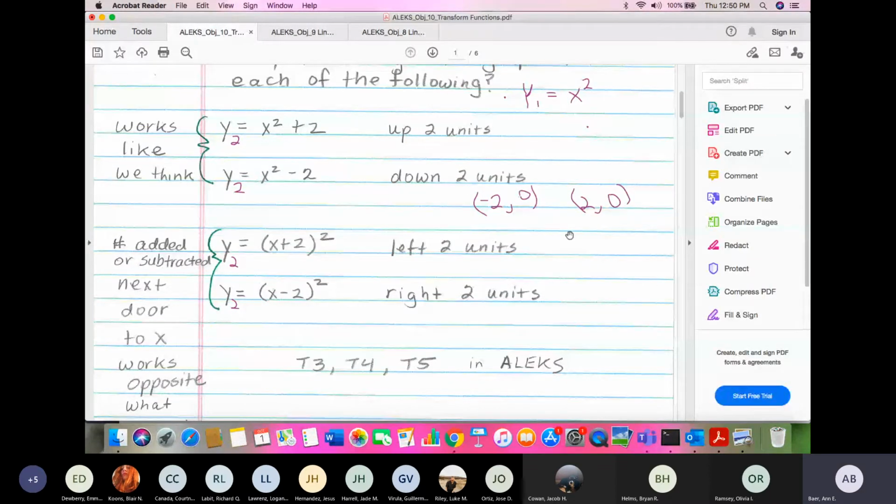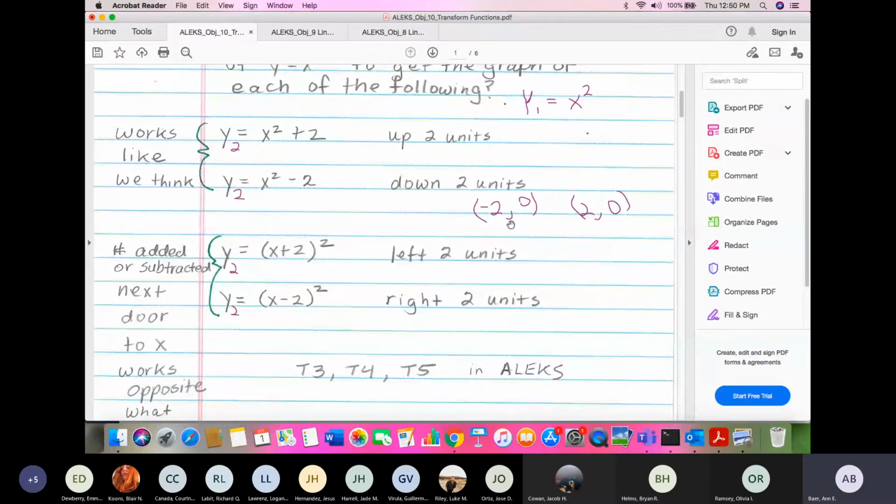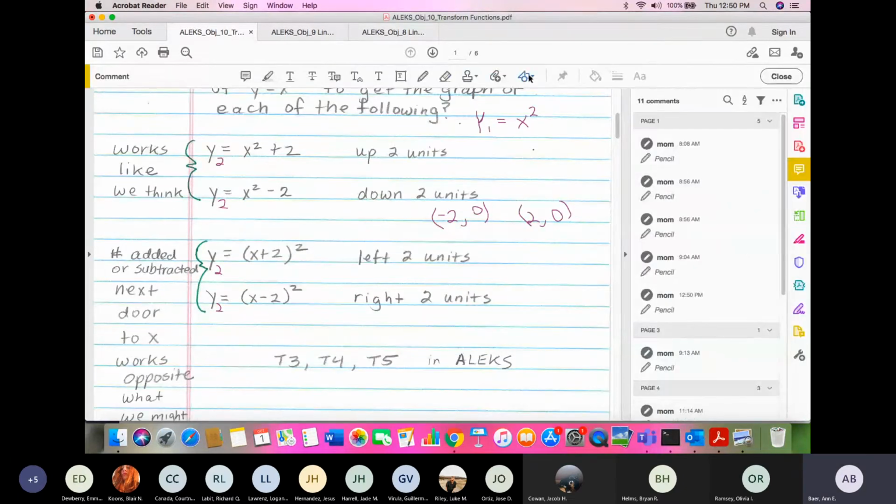So we're looking at those two is basically what we're looking at. Remember, every ordered pair has to satisfy the equation. Every single one. So the question is, which one of these ordered pairs satisfies this equation?